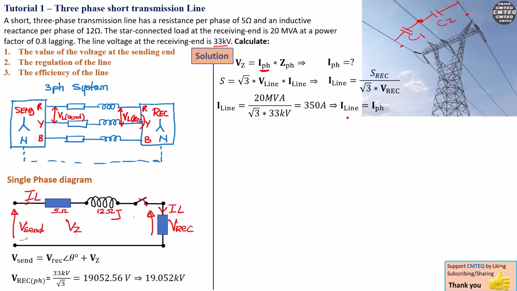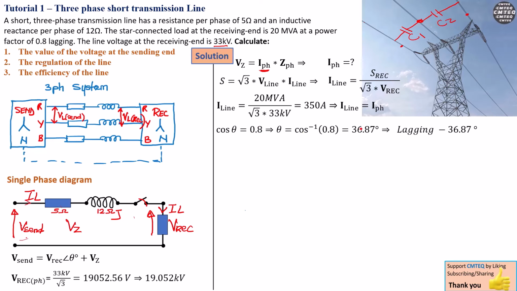Great. Now that we know what the line current or the phase current is, we now need to know the angle of this phase current. Since the problem statement states that there is a power factor of 0.8 lagging, which means the current is behind, the voltage is leading. How are we going to determine the angle of this current? It is very simple. Cos theta here is 0.8.